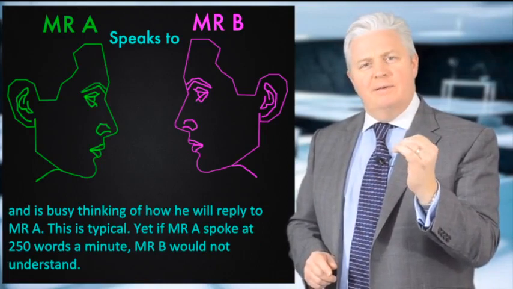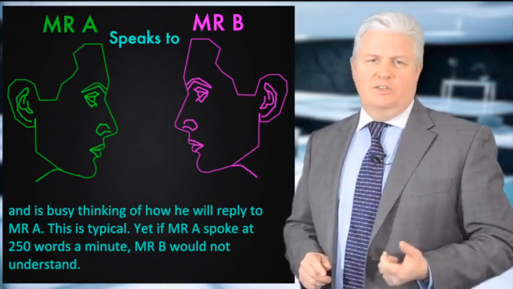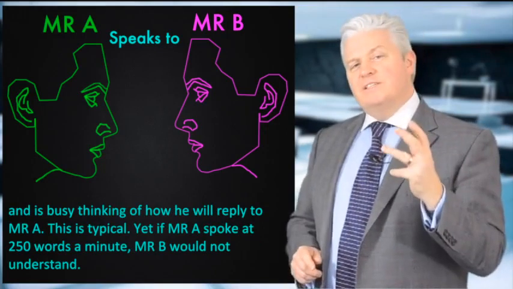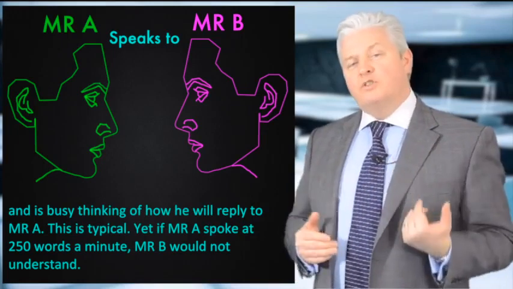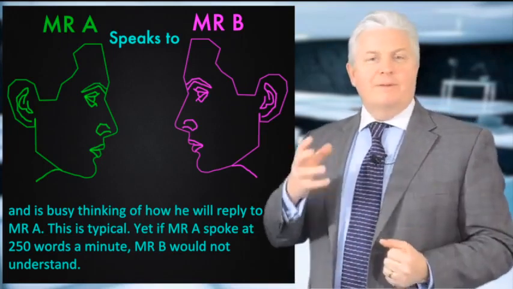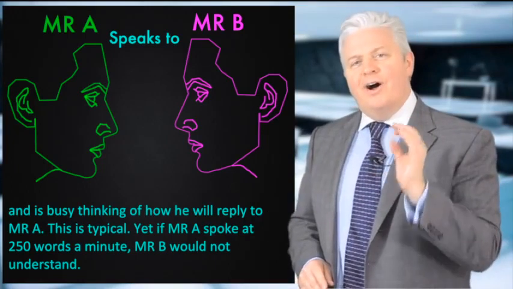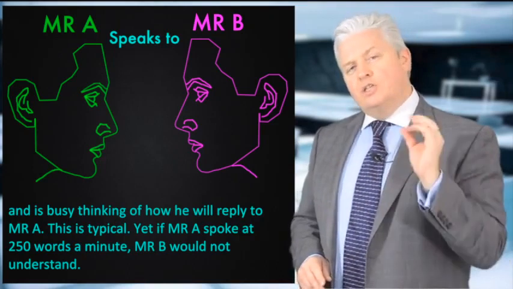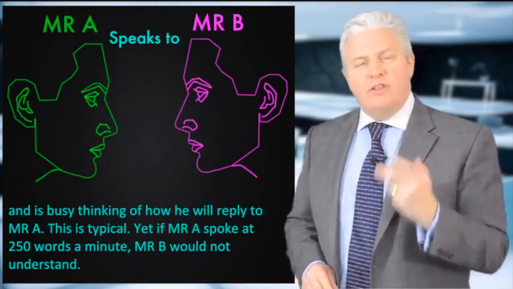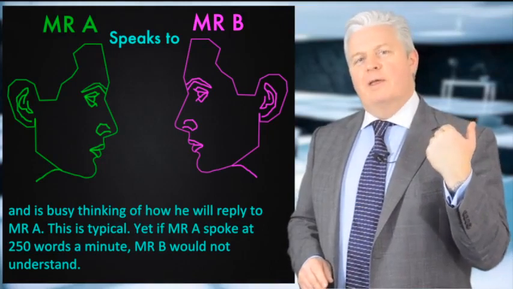So how can we deal with this interface issue? The answer is not talking quicker. If I spoke at 250 words a minute and made my communication really, really fast, it would actually become harder for you to understand me. If I spoke at 250 to 300 words a minute, your brain might be thinking, oh, this is great.